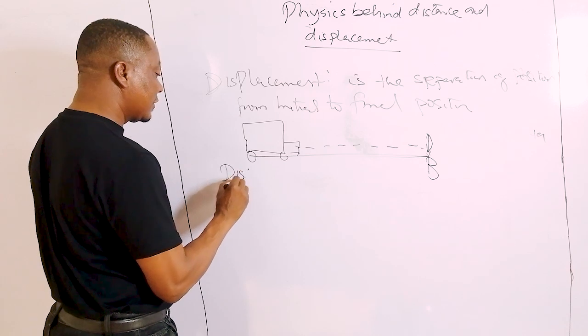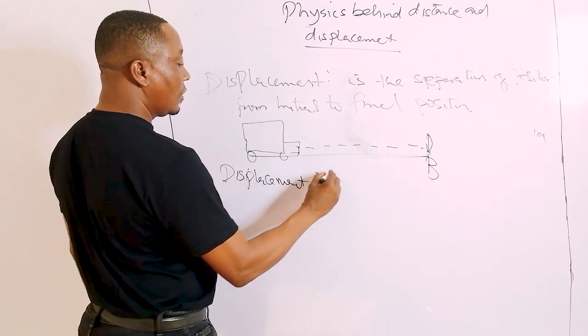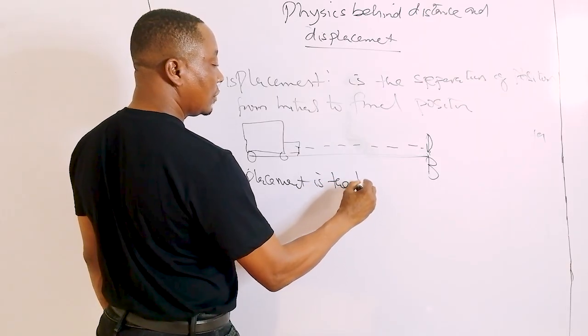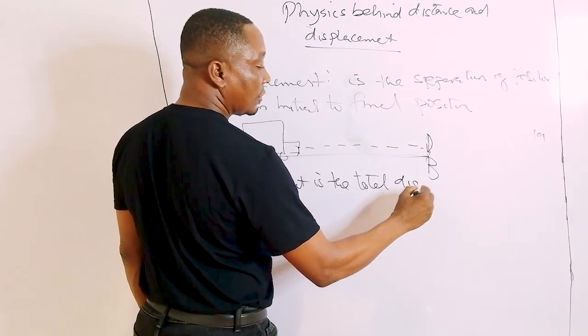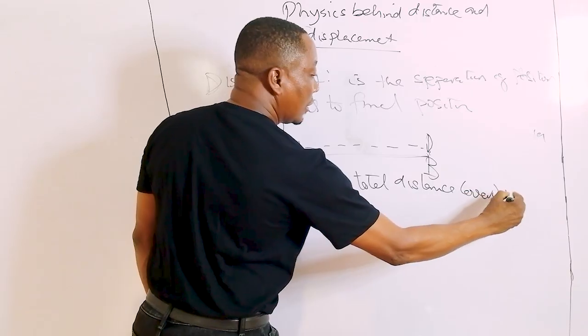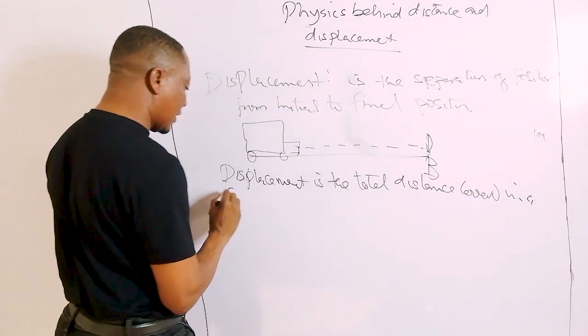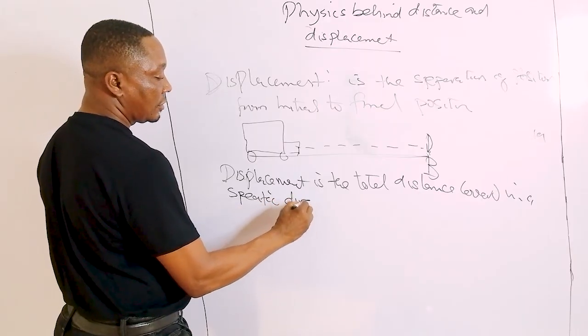So we now say displacement is the total distance covered in a specific direction.